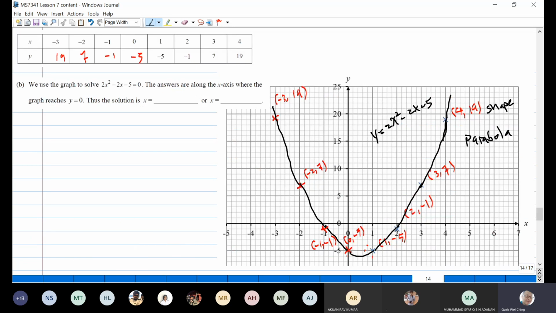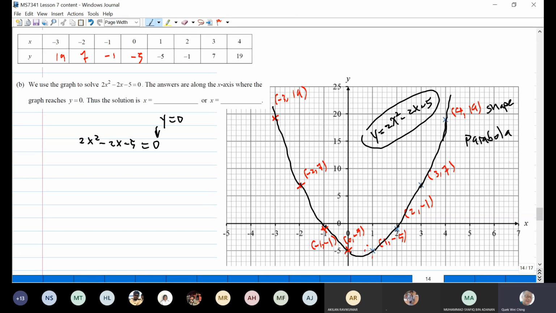What does it mean? This basically tells you y is equal to 0 now, right? Because the equation is y equals 2x squared minus 2x minus 5. So you put y equals 0 to solve this equation.